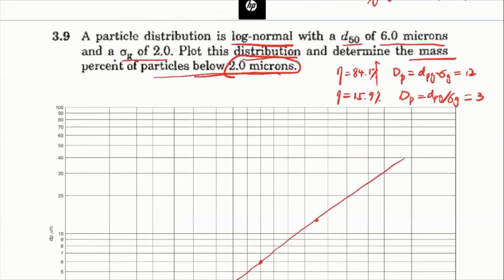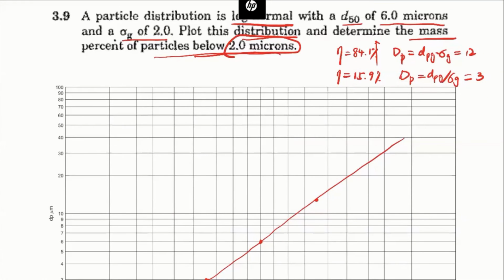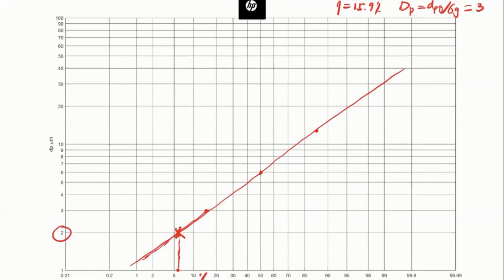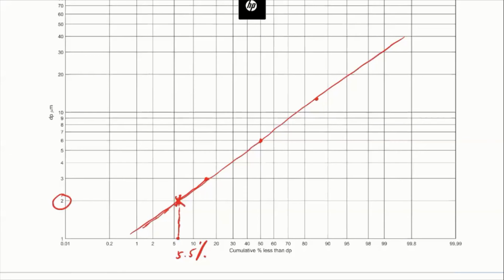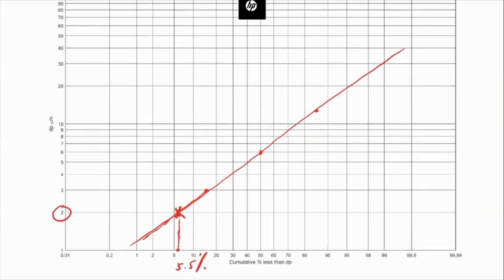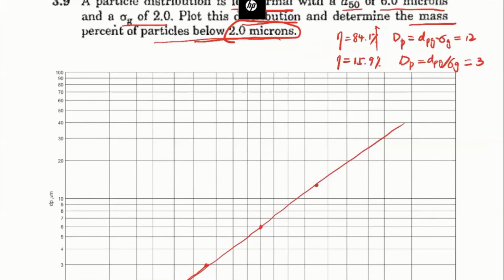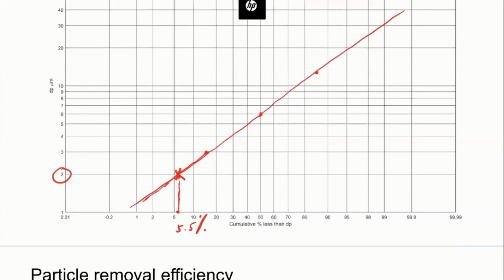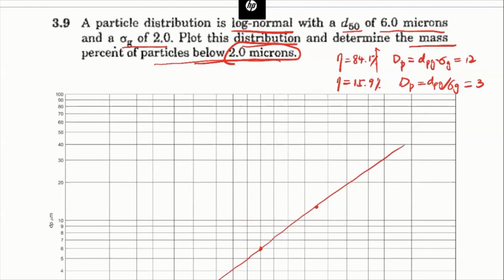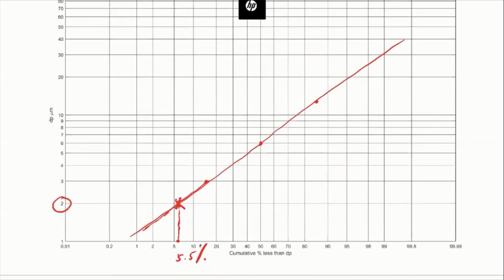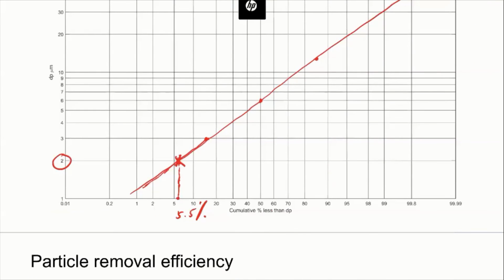By using this plot, it really simplifies a lot of things. We don't need to go through those very complex calculations. We just need to make a few data points, and then we can easily calculate the mass fractions. For example, let's say now we're interested in the cumulative fraction below 4 microns. Again, look for the data point here.